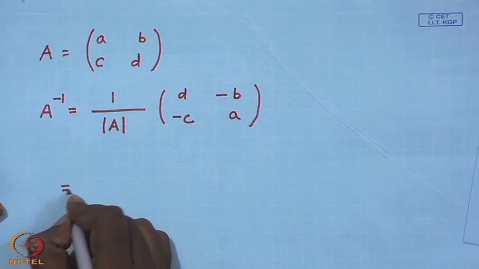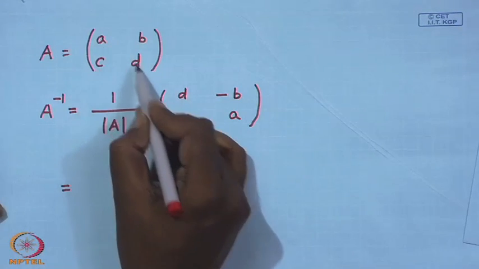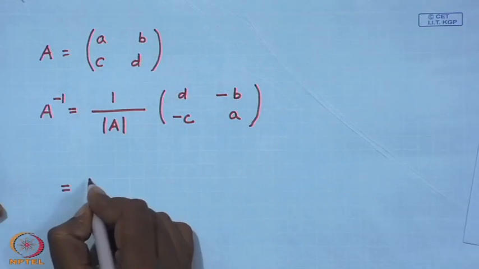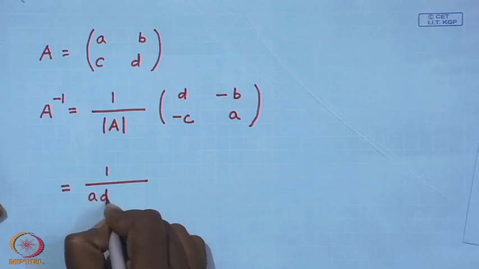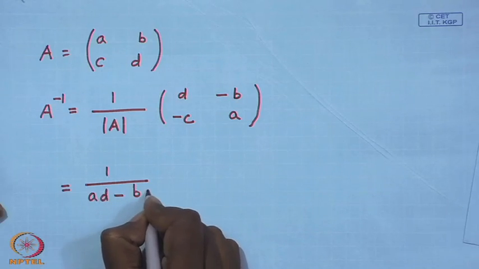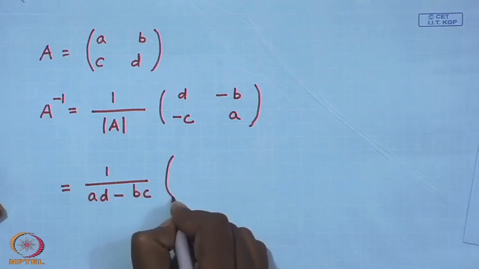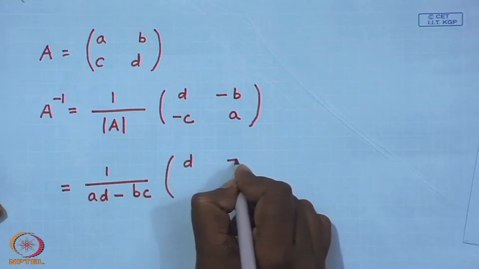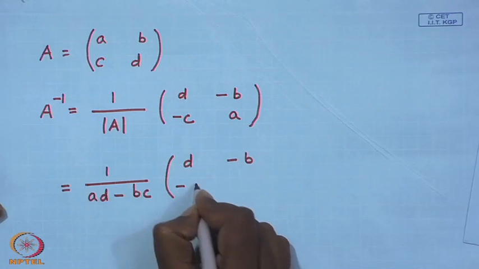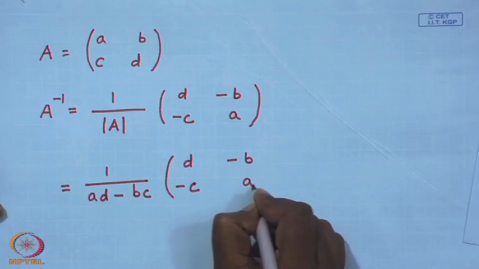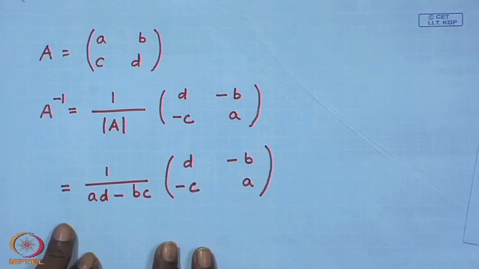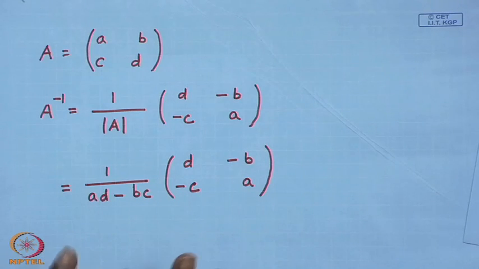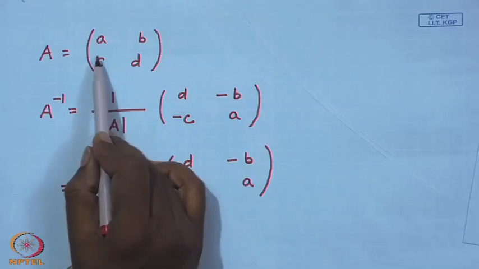The determinant of A is nothing but ad minus bc. So it is simply 1 upon ad minus bc, into d, minus b, minus c and then a. This is the inverse of a 2 by 2 matrix given by elements a, b, c, d.